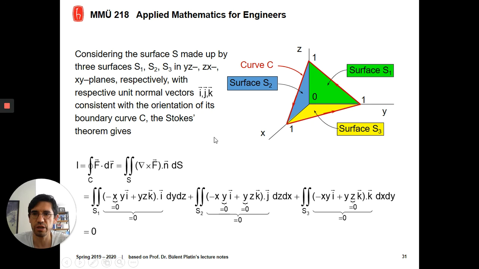So according to Stokes theorem, let's have a look at the right hand side whether it's 0 or not. I need to take all of the surfaces into account and do the curl dotted with normal operation there. All of them come out to be 0, and the line integral was 0 also. That proves that Stokes theorem works.